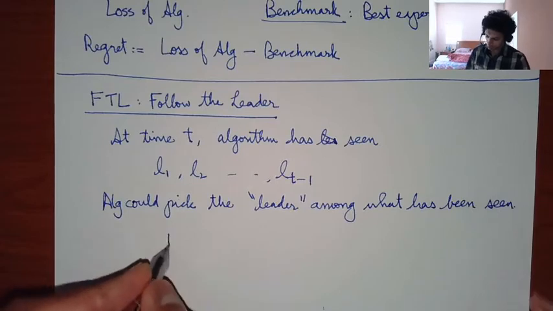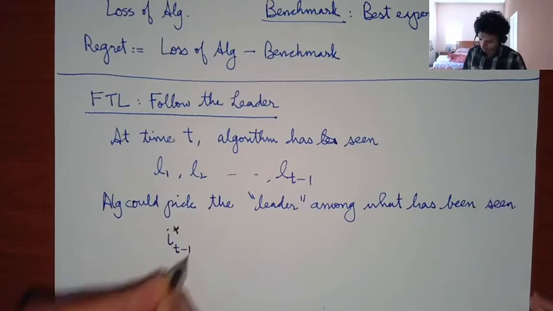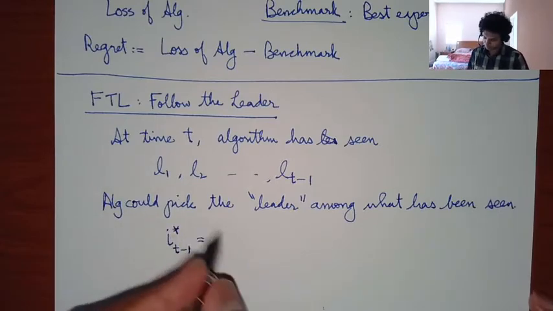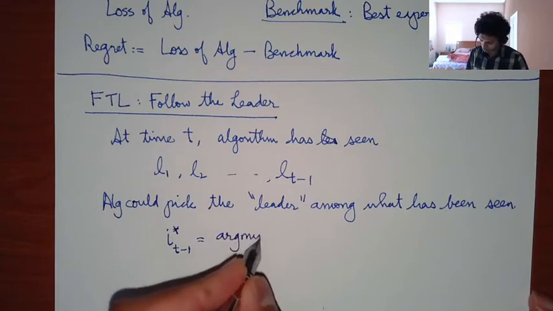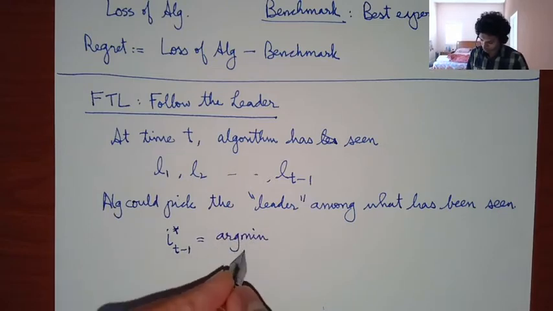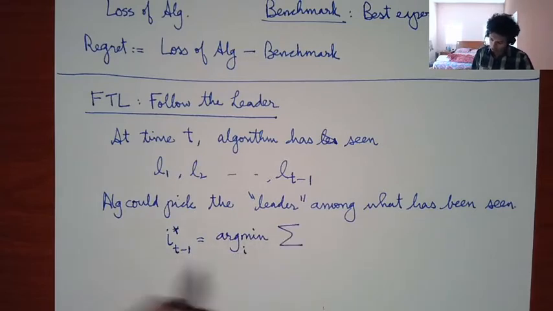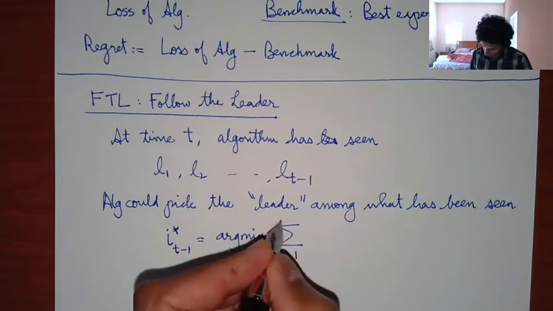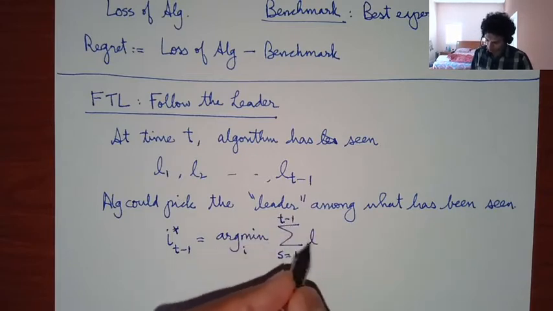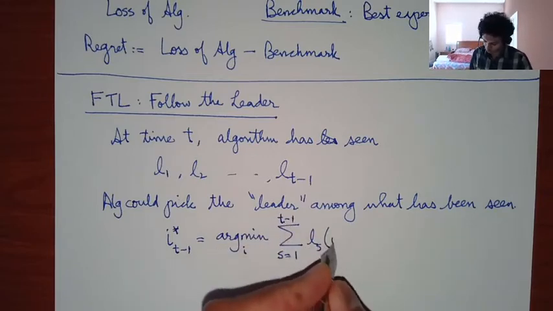So now let me define I star of t minus 1 to be the argmin over i of the summation. Okay, now let's be careful here. So I'm going to say that s is going from 1 to t minus 1. So this is what has been seen so far.